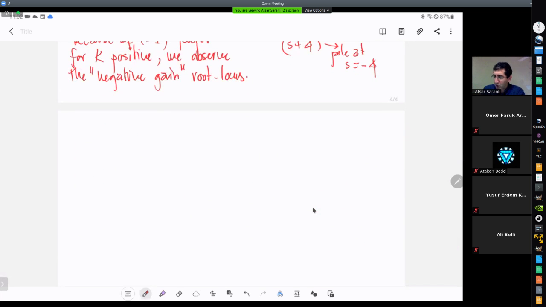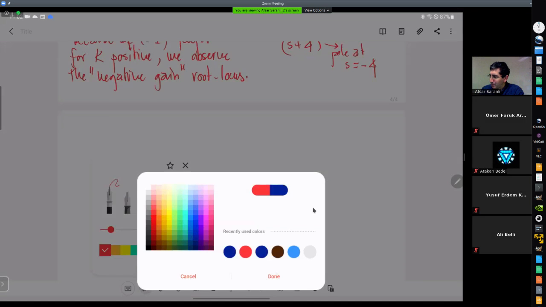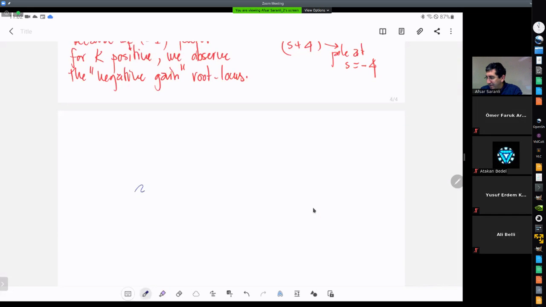Okay, so in this case, instead of having an odd number of poles and zeros at the right hand side of the chosen point on the real axis, you need to have an even number of poles and zeros in order for that region to be included as part of the root locus. Let me make the sketch. So we have here our S-plane.